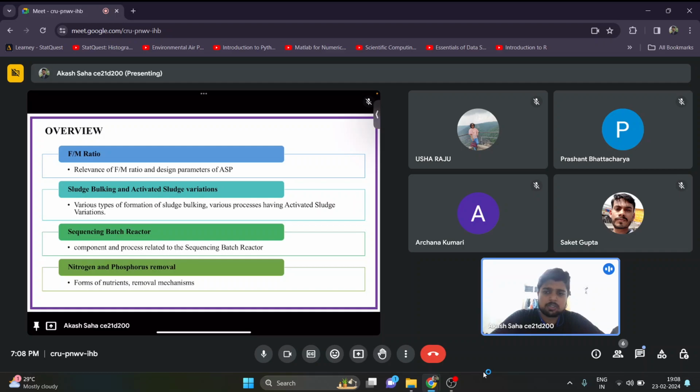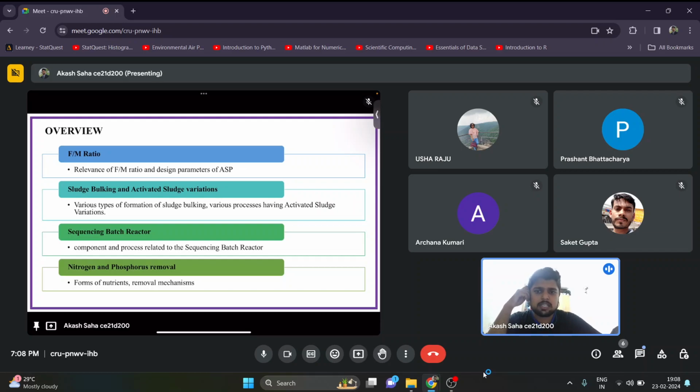So I have some questions. Before solving those questions today, I got some requests through mail to show the derivation regarding the activated sludge process, because this is the main process where we need to learn about the design parameters and how to derive the HRT, the volume, and the effluent BOD concentration.